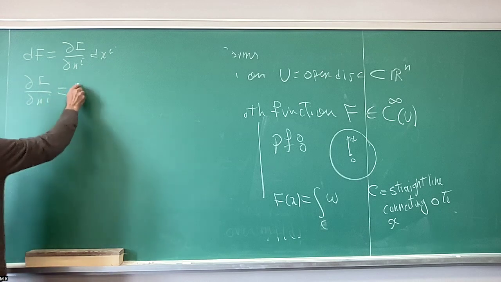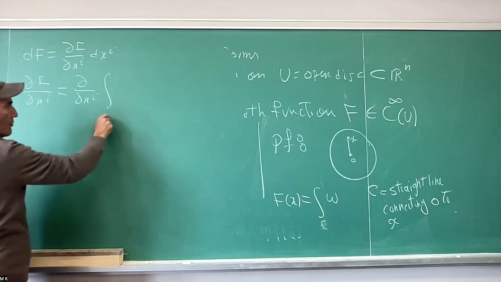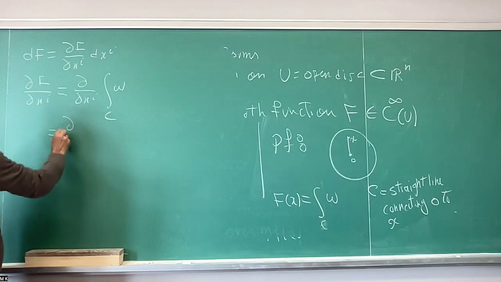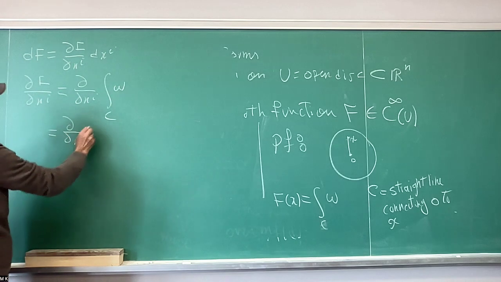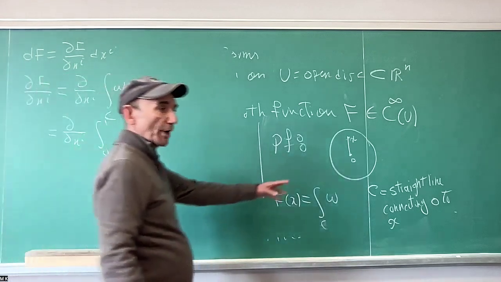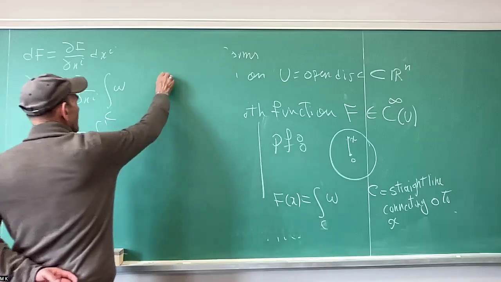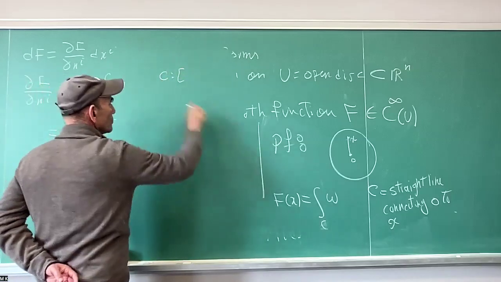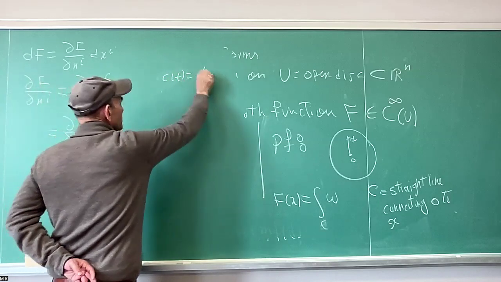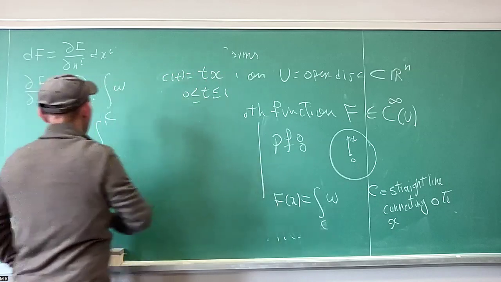That's partial xi of the integral over c of omega. So that's equal to partial xi of the integral from 0 to x, right? So this curve parameterization c from 0 to x is the following: c of t is equal to tx, t between 0 and 1, right?